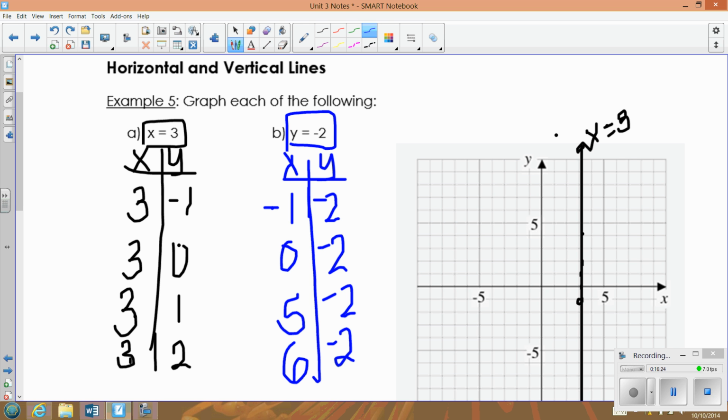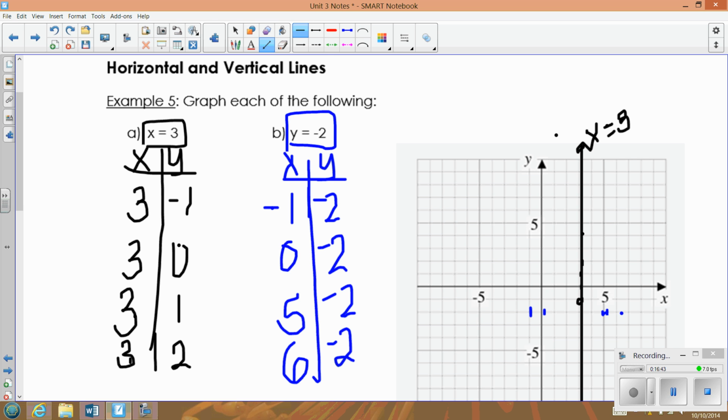So that means when I go to plot these, well, it's going to be -1, -2, 0, 2, -2, 5, -2, 6, -2. You're going to see that you're going to get out a horizontal line this time.